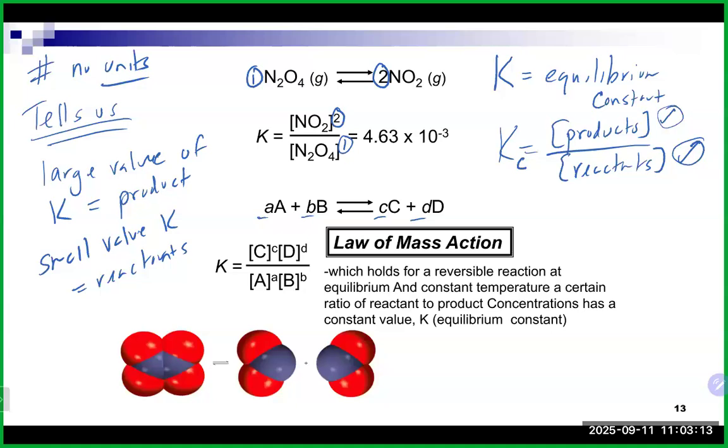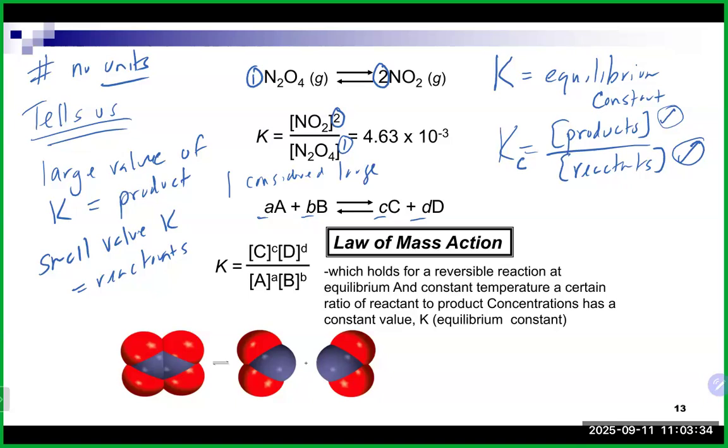What is considered, for an equilibrium constant, a large value versus a small value? One is the dividing line. Anything above one is considered a large value of K. Anything less than one is considered a small value of K.